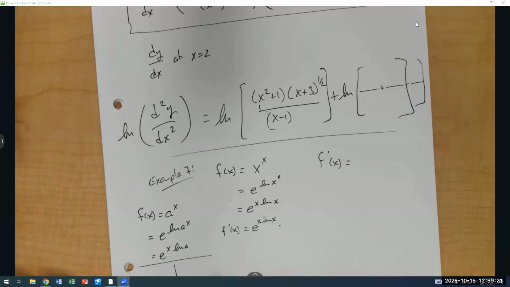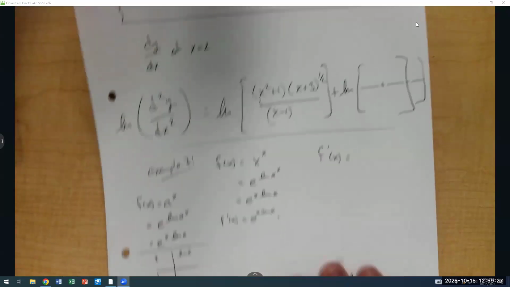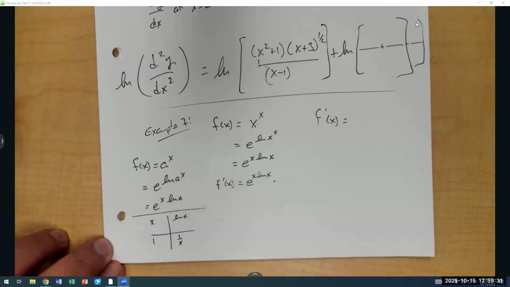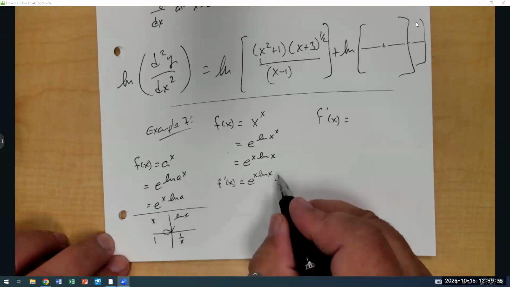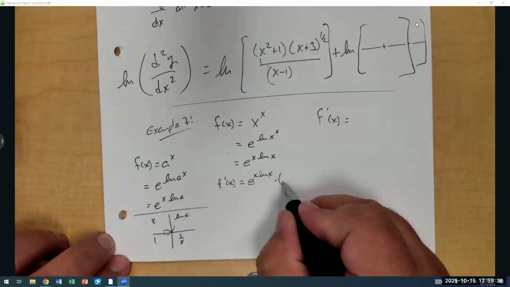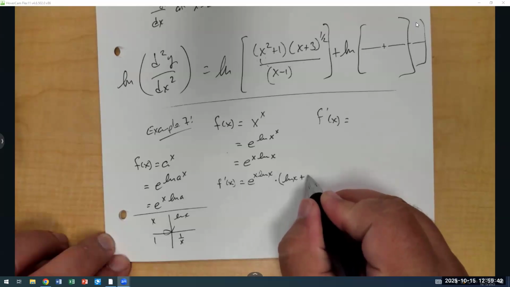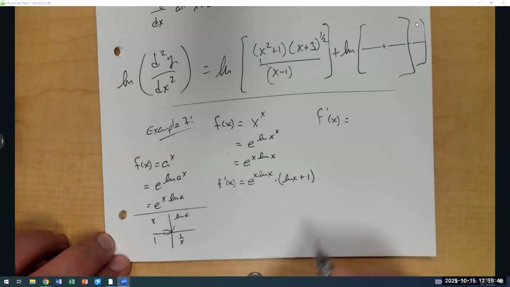The exponent's a product rule. We have x ln x, the derivative of x is 1. The derivative of ln x is 1 over x. So it's going to be ln x plus x times 1 over x, which is 1.